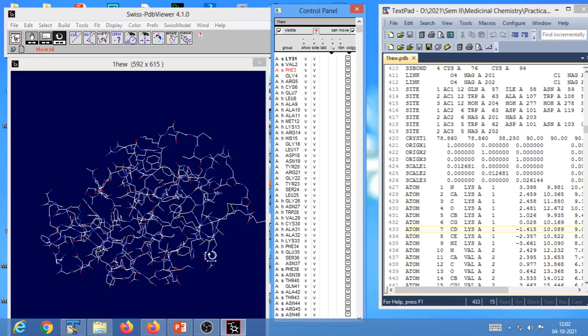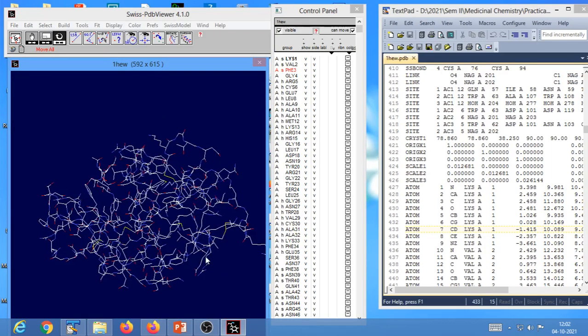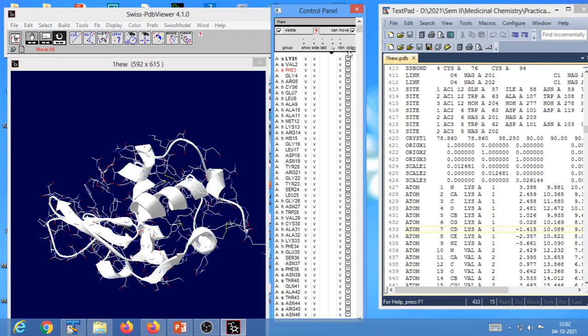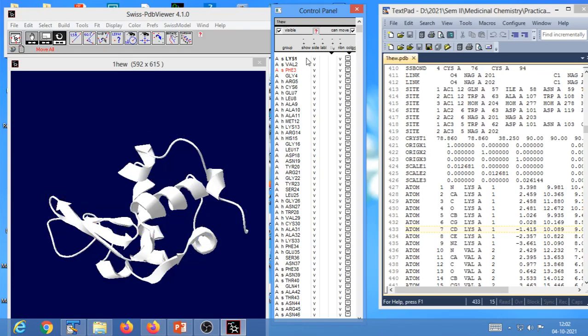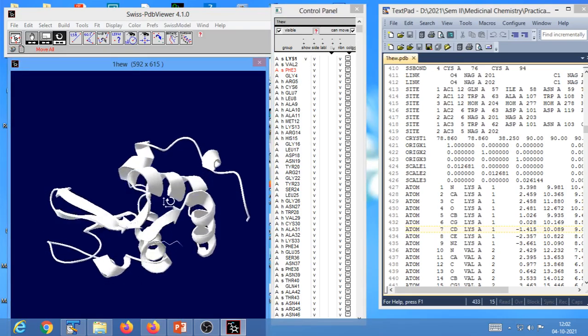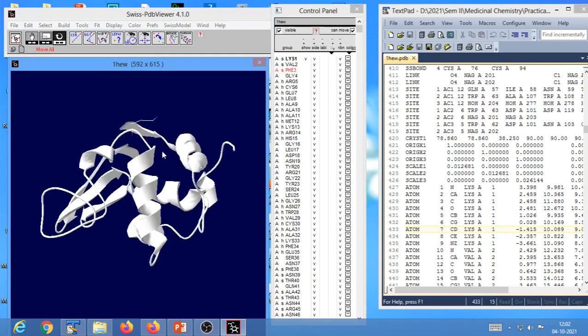For the time being, I am showing the ribbon representation, and let us focus only on the first amino acid residue, that is lysine. So here it is located in your protein.